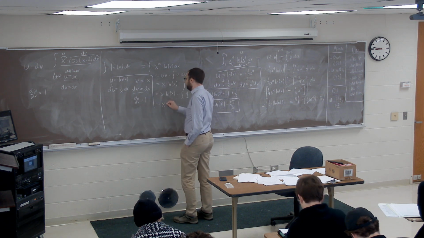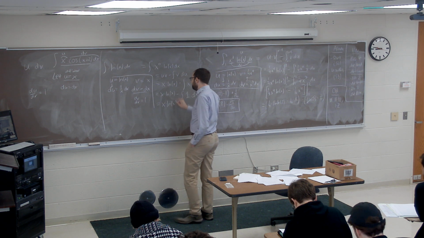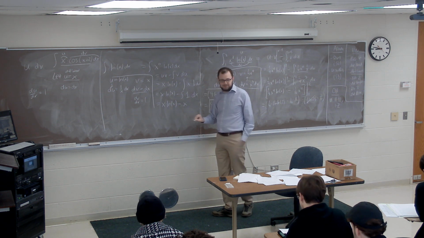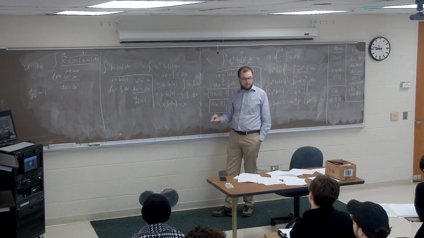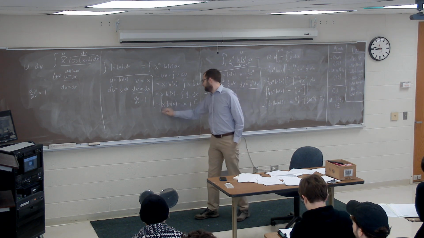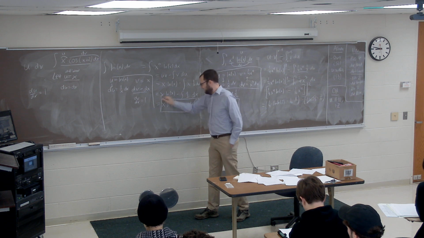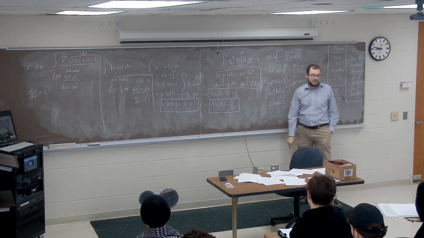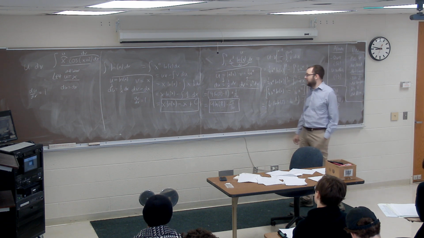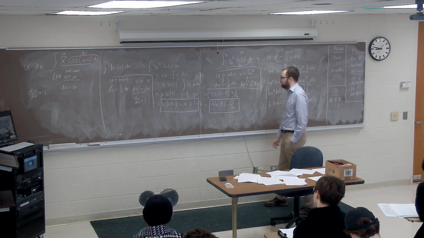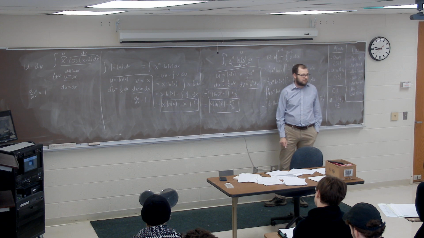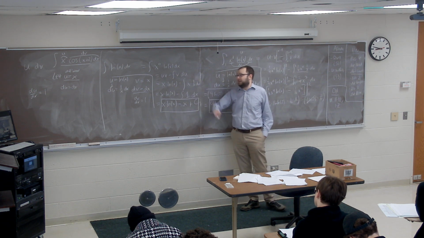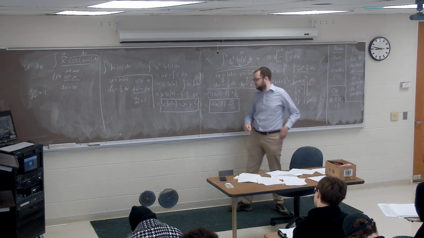So we get a final answer of x times natural log of x minus x plus c, because we're doing an indefinite integral here. And that's how you integrate the natural log function. If you want, you can even check that by differentiating this, and you'll end up back with just natural log.